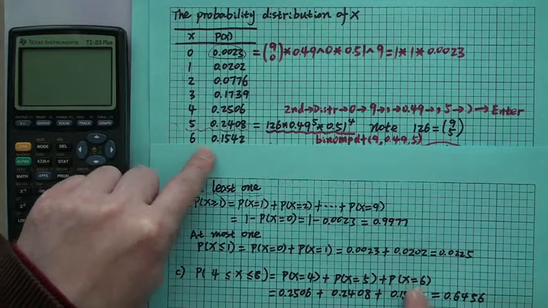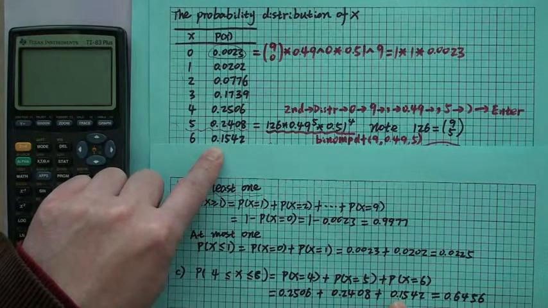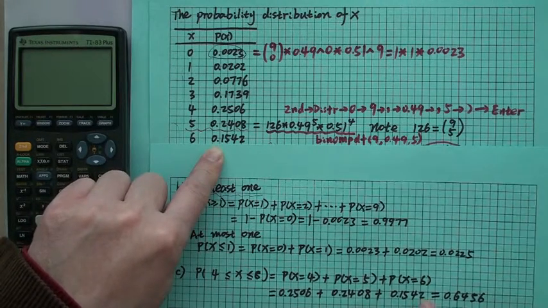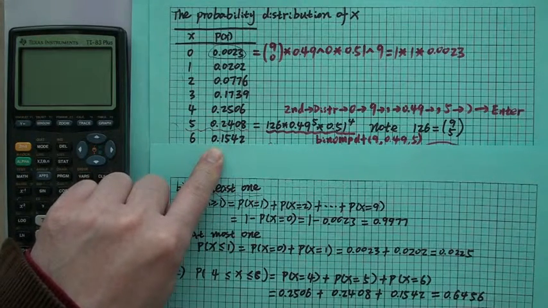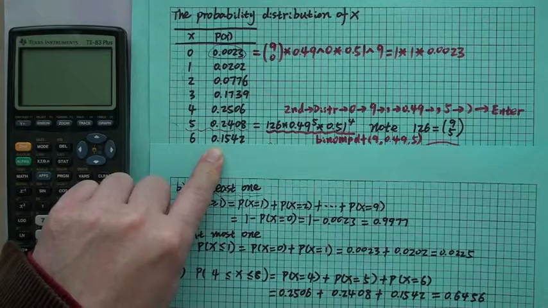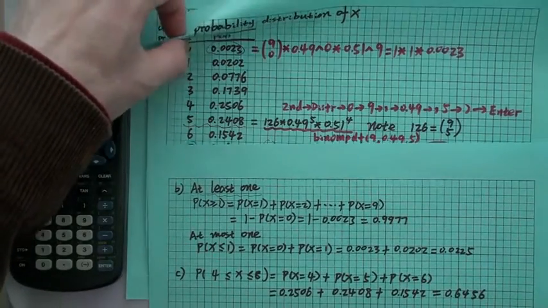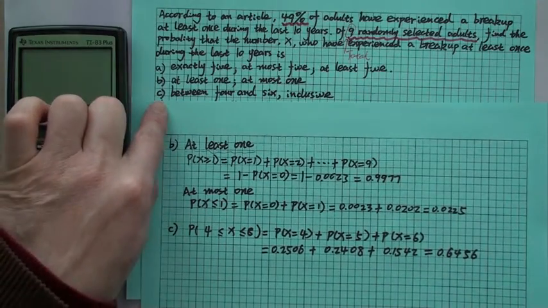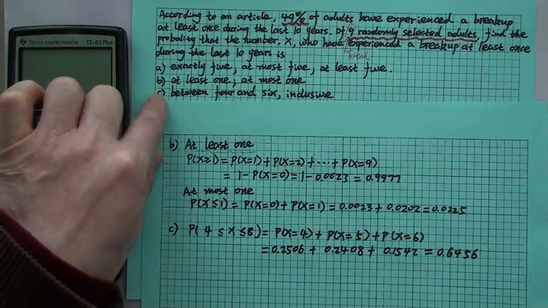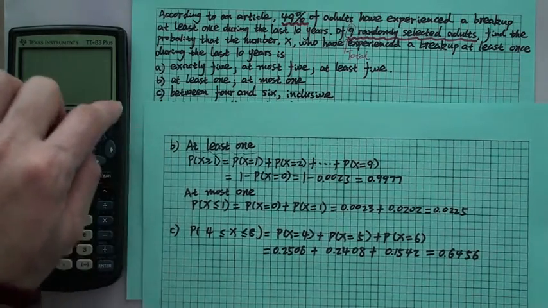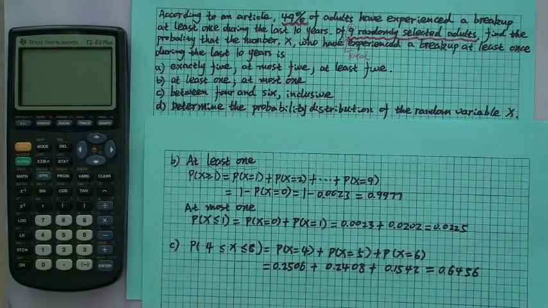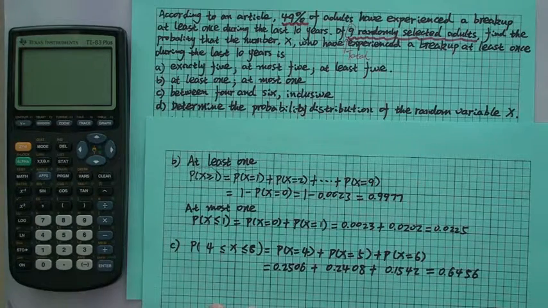And X is 6, the probability is 0.1542. You add all these three values together and you have 0.6456. So we are done with C. So B and C we are done, and last time we talked about A and D. Then you know we are done with all the cases.